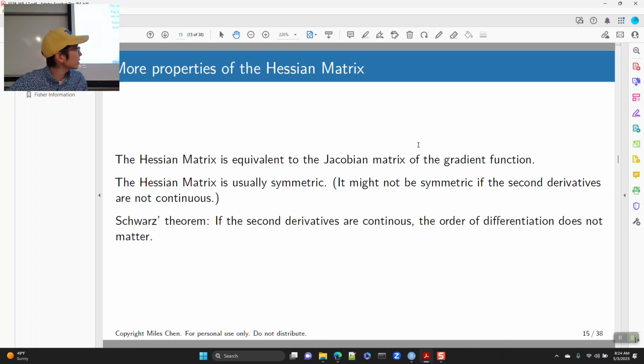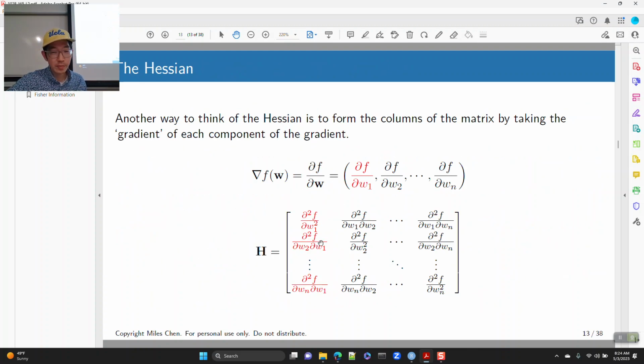If the second derivatives are continuous, then the order of differentiation does not matter, and that's why it ends up being symmetric. Here we have the partial with respect to W1 and W2, and here we have the partial with respect to W2 and W1. Or am I reading that backwards? Basically, if they're continuous, then these two things are going to be the same. So we're going to get a symmetric matrix.